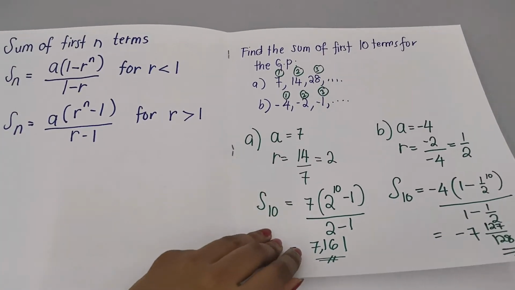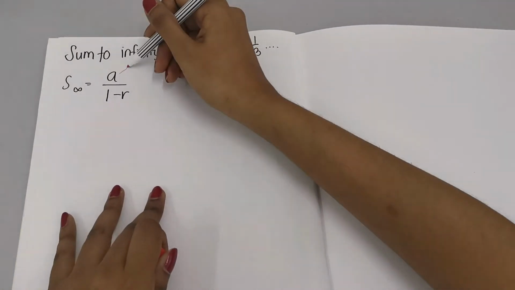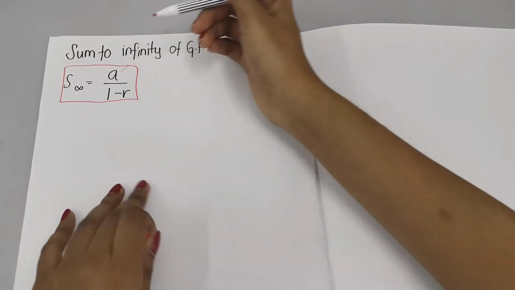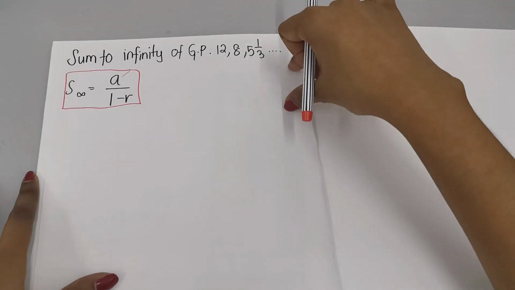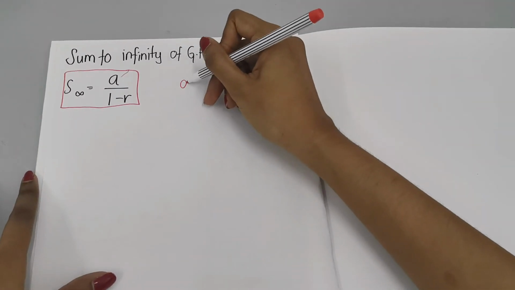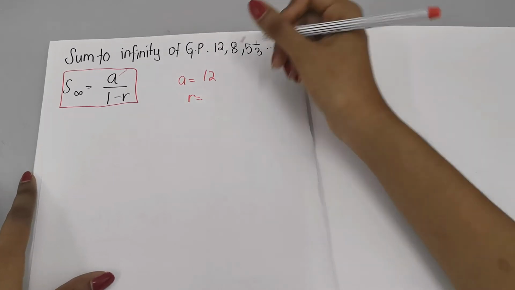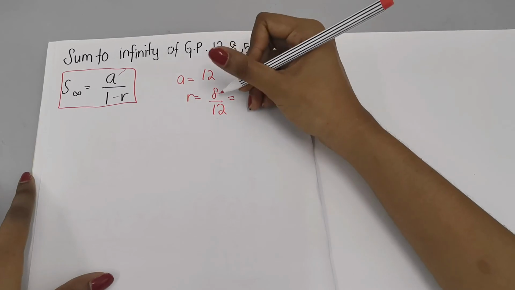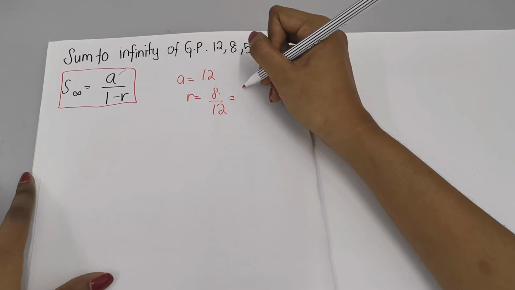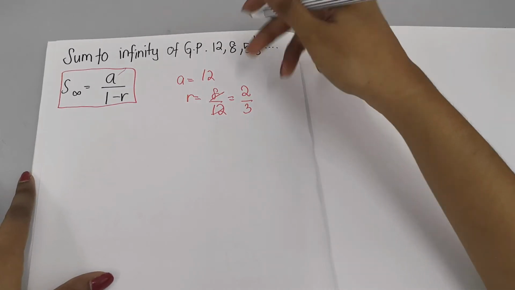Now let's look at finding the sum to infinity, where we use this formula, which is a over 1 minus r. So we are given this geometric progression. We know our a, which is 12. We know our r, we can find 8 over 12, which we simplify, we get 2 over 3, and that's all.